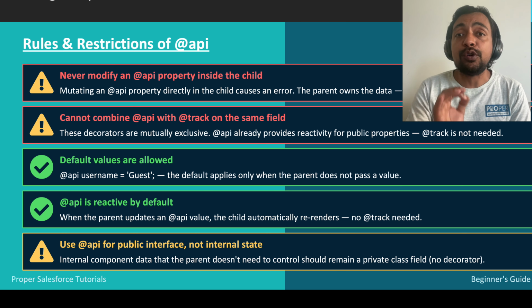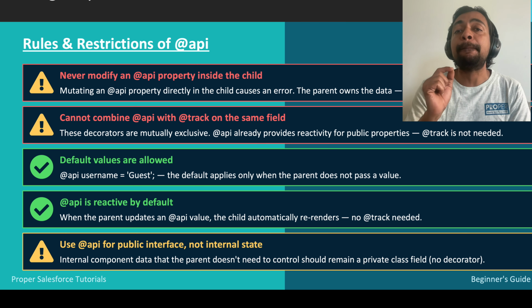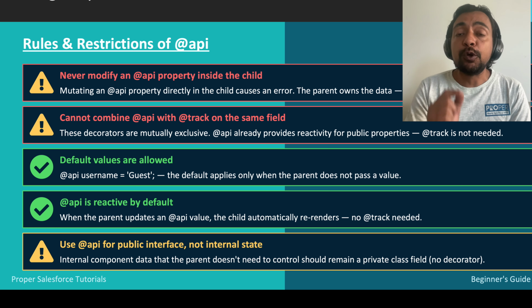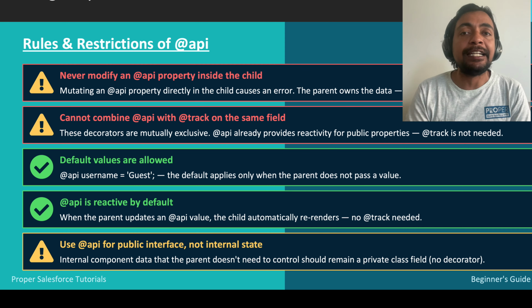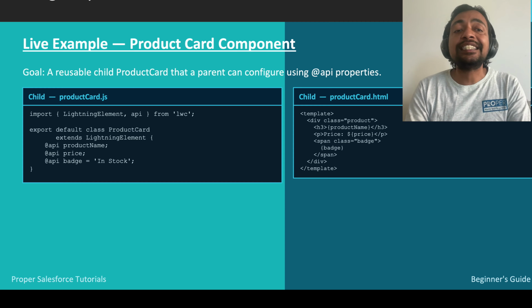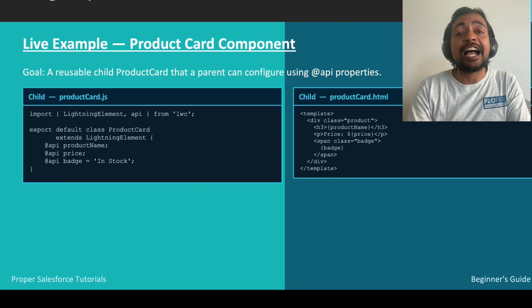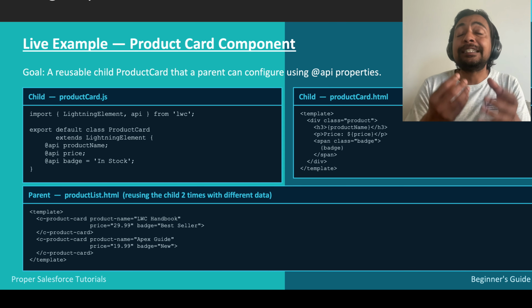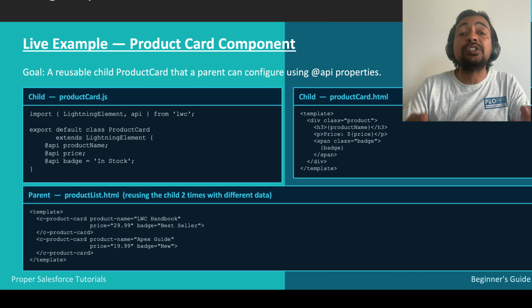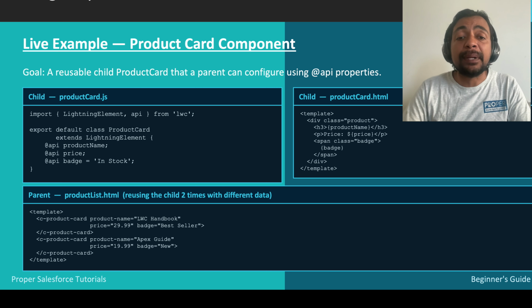So whenever you want any specific property of the child to be called or to be passed from the parent, then only make it @API, otherwise don't. Now, this is a sample example where I am showing you how a simple child component can be used multiple times with multiple values.